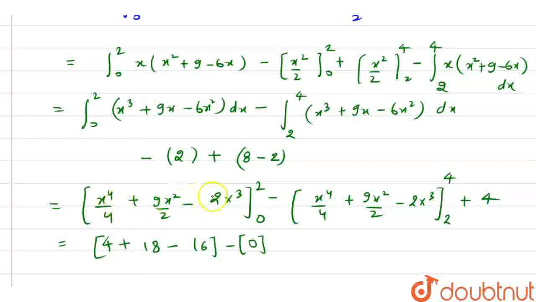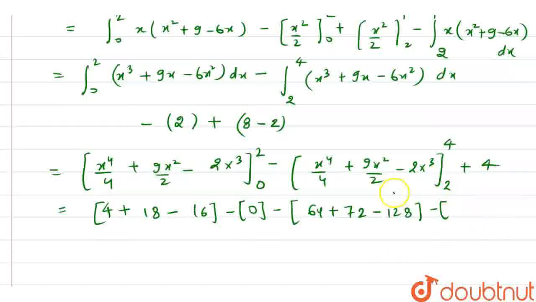Now if I put 4 here, we have 4 to the power 3, that is 64, plus 4 square is 16, 16 by 2 is 8, 8 into 9 is 72, minus 64 into 2, 128. Now we have to put the lower limit here. If I put 2 here, we have 2 to the power 4, 16 by 4 is 4, plus 4 by 2 is 2, 2 into 9 is 18, minus 16, and plus 4 we have.